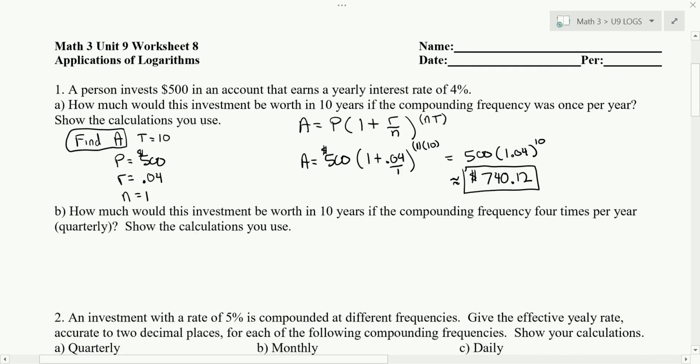Part B still has T as 10, still has P as 500, still has R as 0.04, but what happens now is instead of compounding the investment once a year, we're compounding it quarterly, or 4 times a year, so N now becomes 4. So if we want to find A, plug it into this equation.